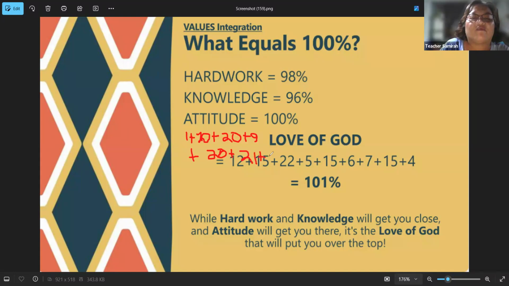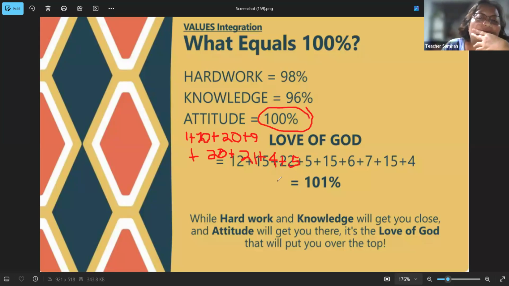D is 4 and E is 5. If we add this, 1 plus 20 is 21. 21 plus 20 is 41. 41 plus 9 is 50. 50 plus 20 is 70. 70 plus 21 is 91. 91 plus 4 is 95. And 95 plus 5 is 100. That is why only attitude equals 100%.